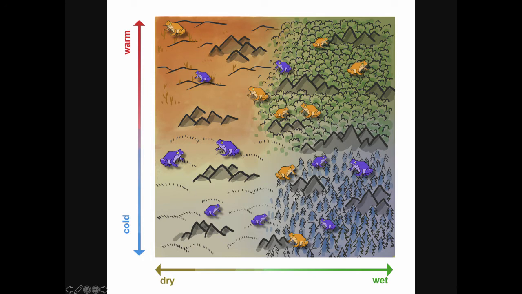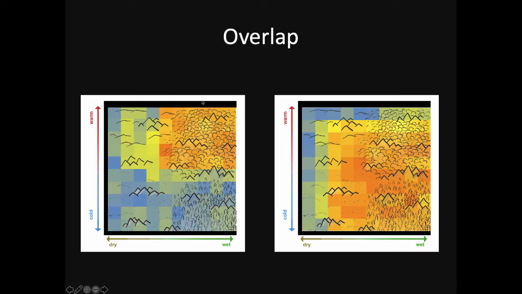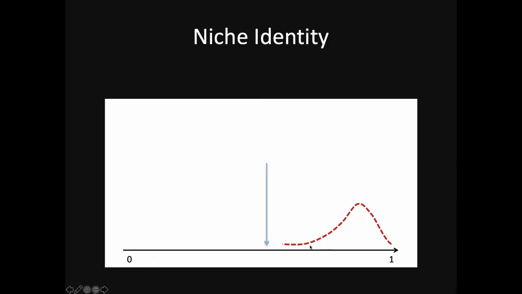We measure overlap for every one of those replicates, and then we use that to build a distribution of expected overlaps between our two species under the hypothesis that they are drawn from the same underlying distribution of environments.